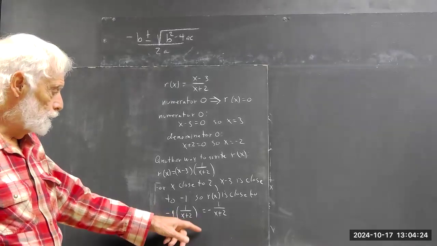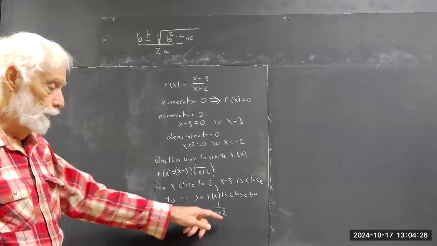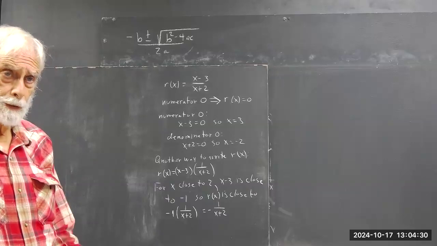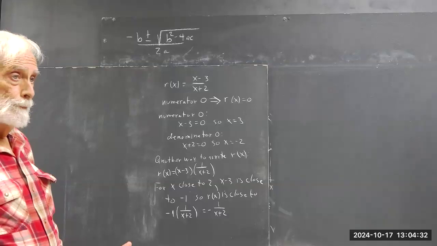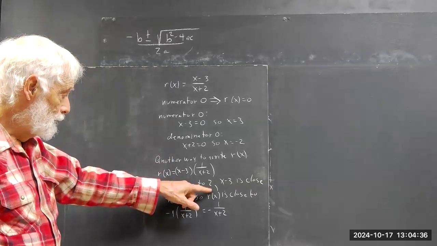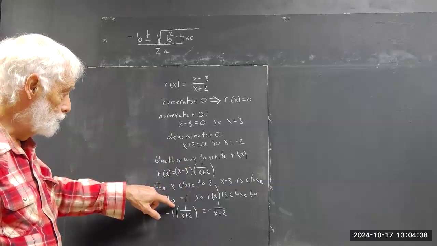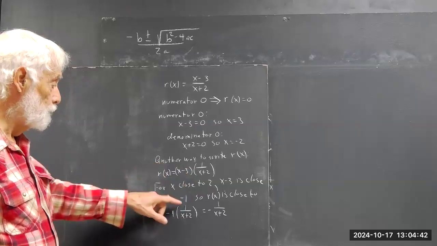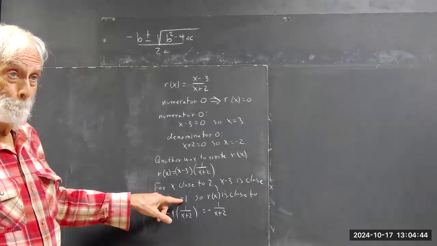So r of x is close to -1 over x plus 2. That makes sense? If x is close to 2, since 2 minus 3 is -1, x minus 3 is going to be close to -1, right?